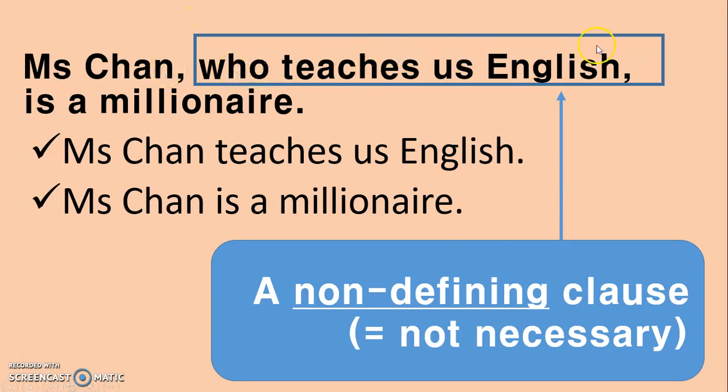It means even if we take this phrase away and we just have Miss Chan is a millionaire, you should know which Miss Chan we are talking about. Okay, because we have the proper name here. Then, if so, we can use 2 commas to separate this clause to show other people that this is just extra information, not necessary.